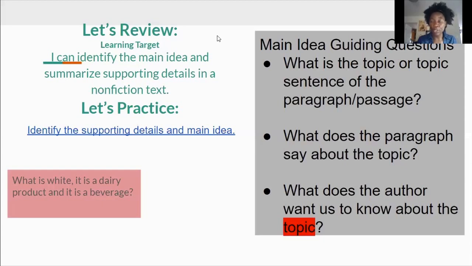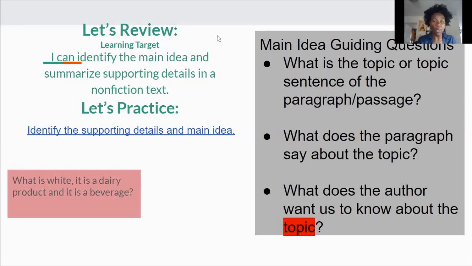That we did using graphic organizers along with our main idea guiding questions. What is the topic or topic sentence of the paragraph or passage? What does the paragraph say about the topic? And what does the author want us to know about the topic? Boys and girls, as you complete your at-home practice, I want you to think about those 3 questions.